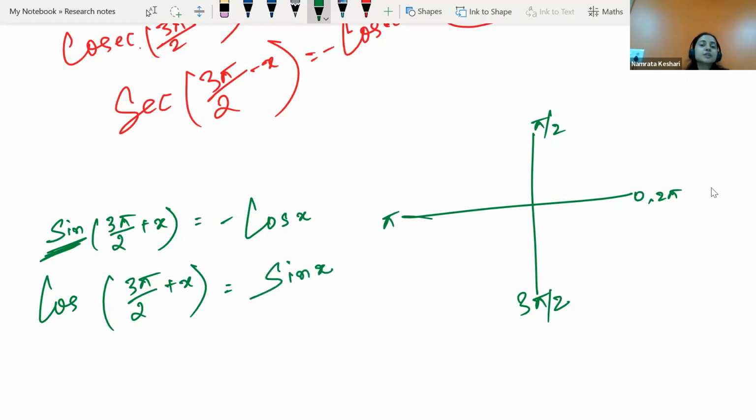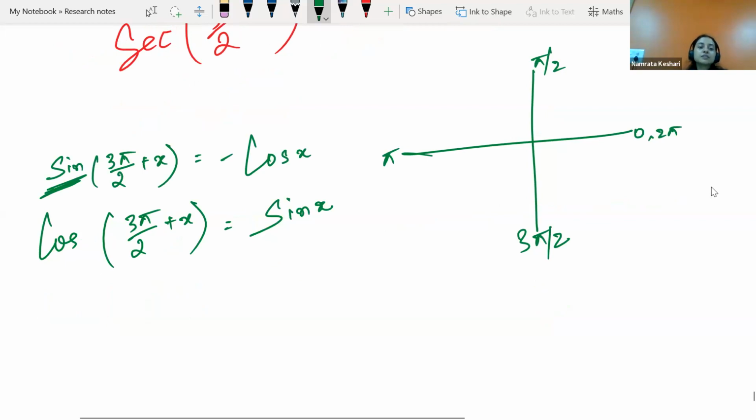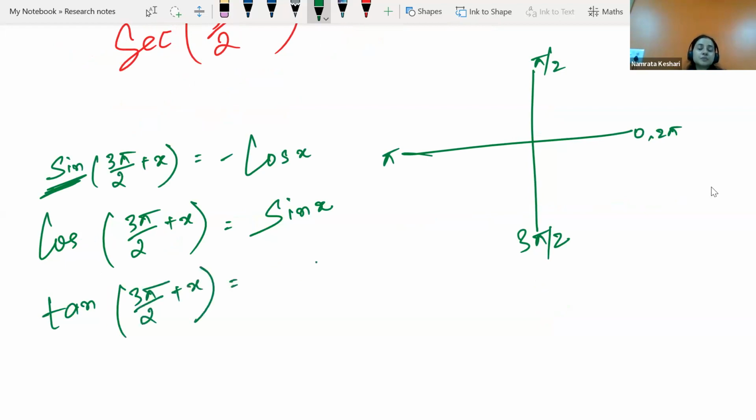Okay. Sine, cos, tan. The result for cot of pi by 2 plus x, positive or negative? Negative. Right?